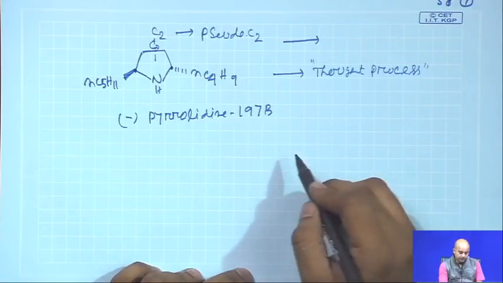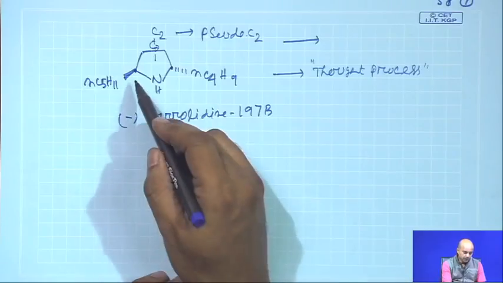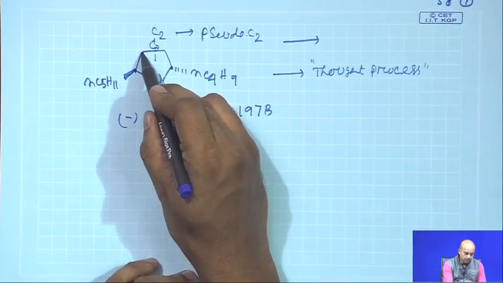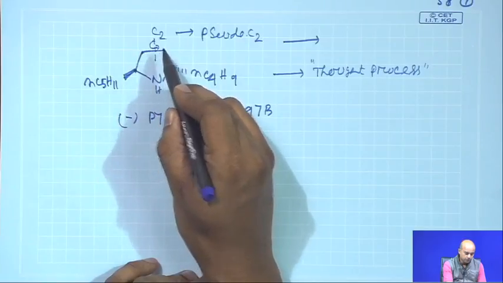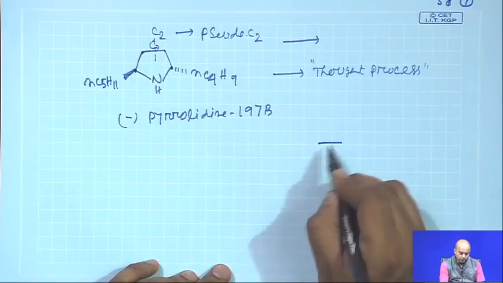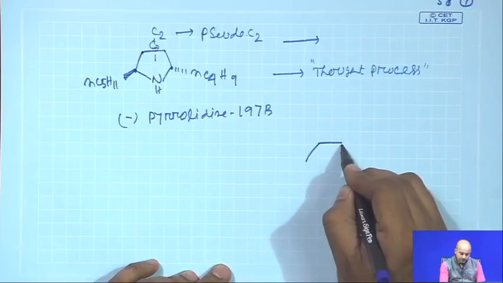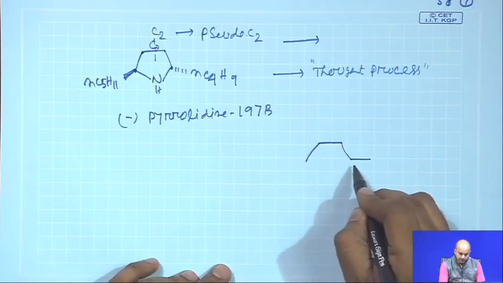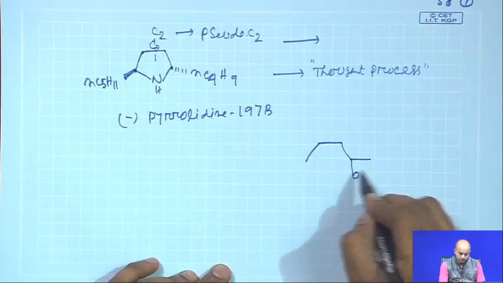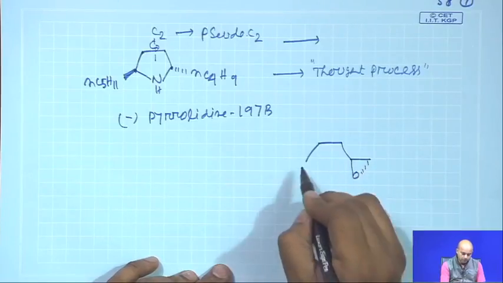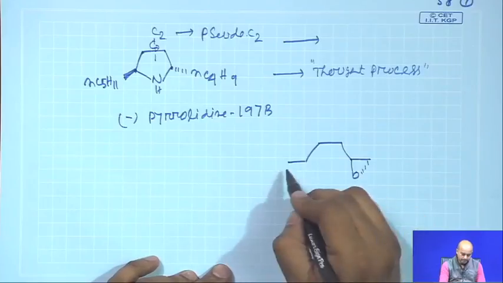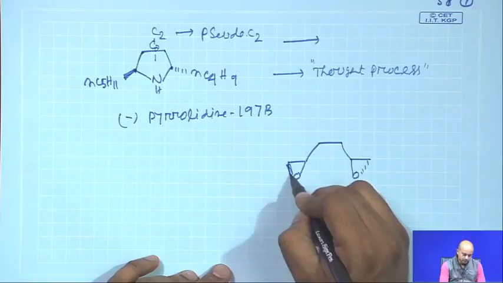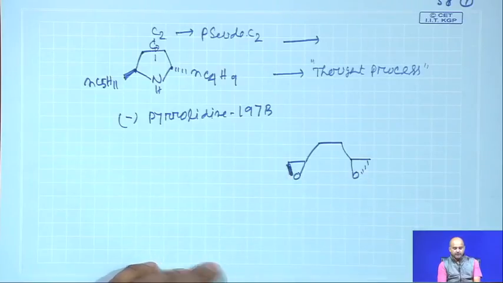If you see the structure, this compound has two methylenes in between, so I will put these 2 methylenes in between, and then I will try to draw the base epoxide.